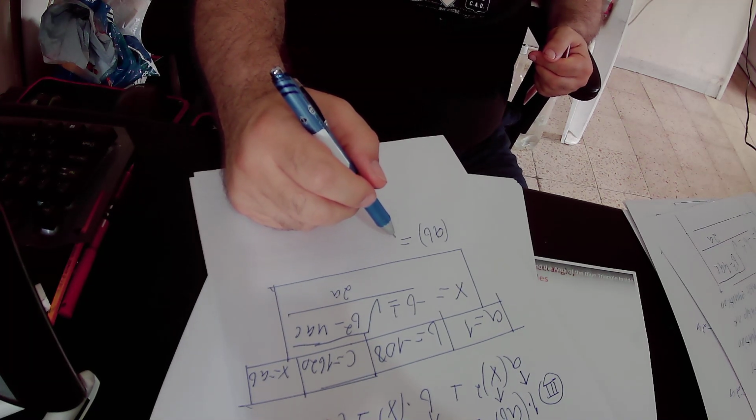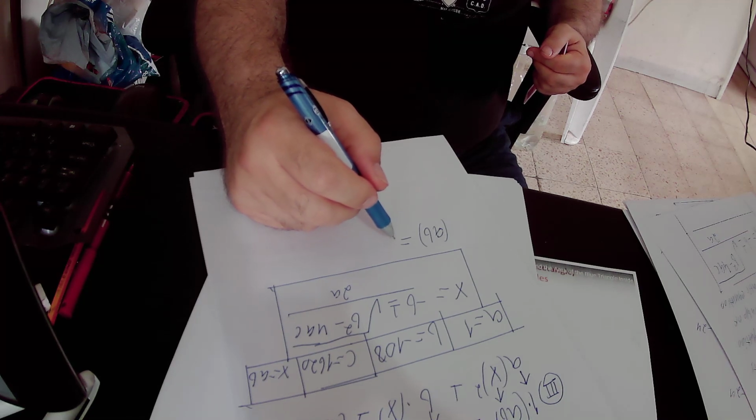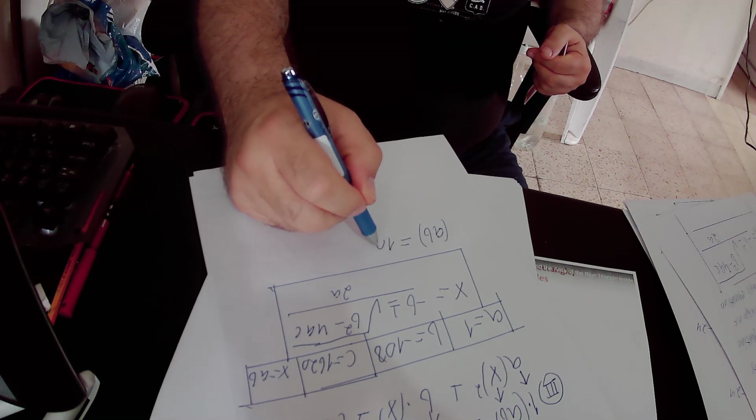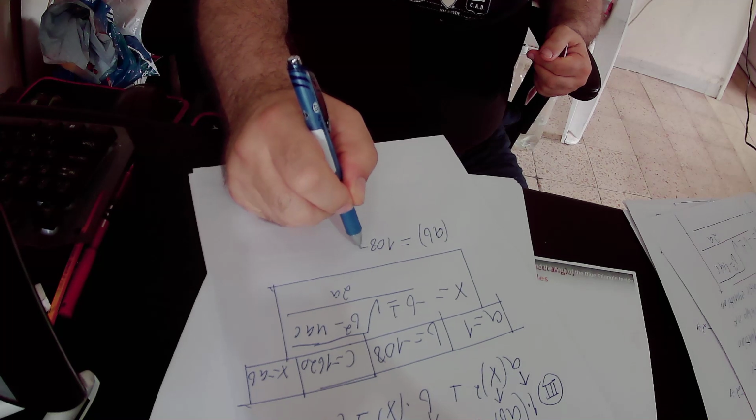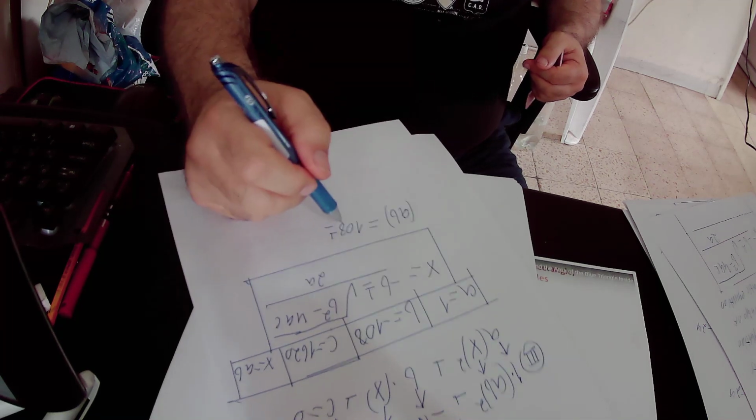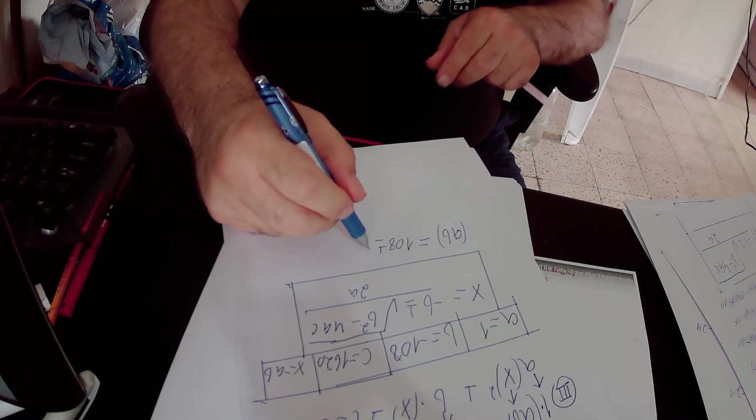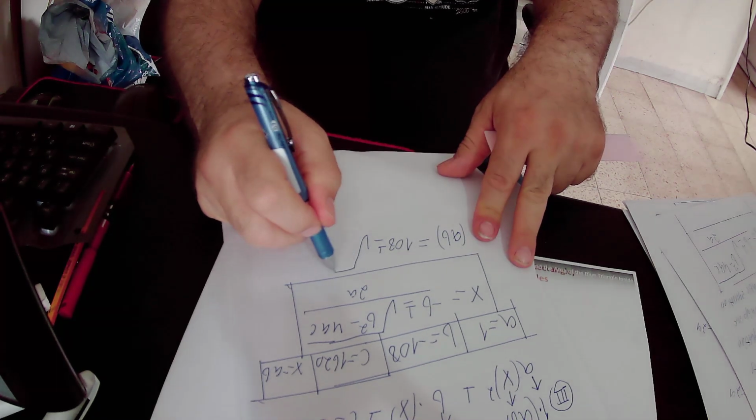So minus b is 108, plus minus the root of b squared.